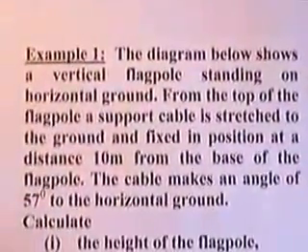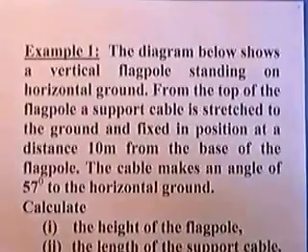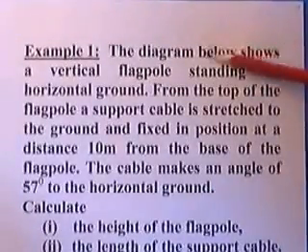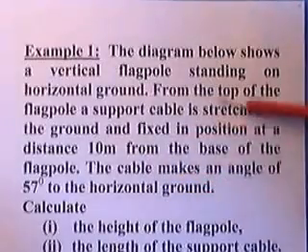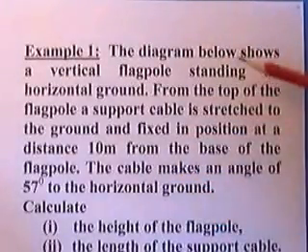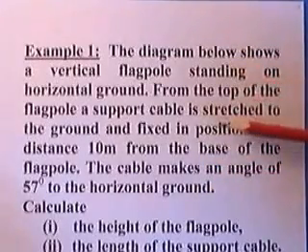Now, before I launch into this example, let me just explain a few things. Normally in GCSE questions they describe the situation as I have done here and ask you to find something. They usually give you a diagram that also illustrates this situation.